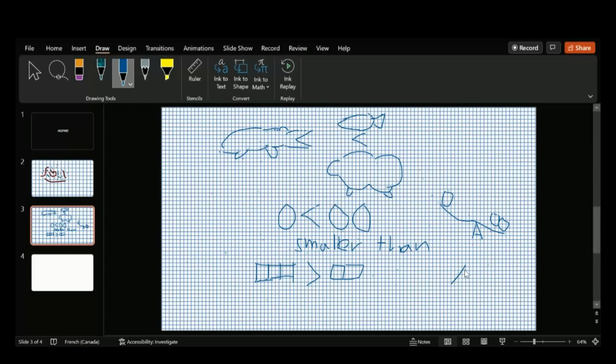So if you make a balance here, these ice cubes would weigh more than these ice cubes because there's more. So that's basically greater or smaller than and the equal sign for you.